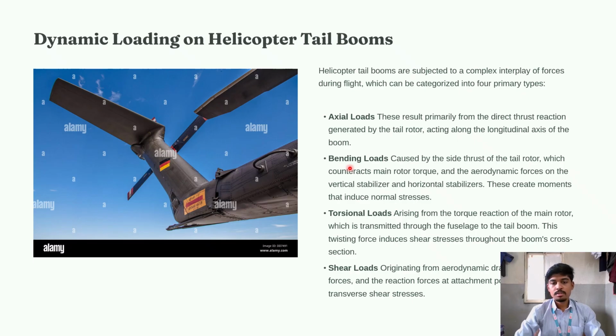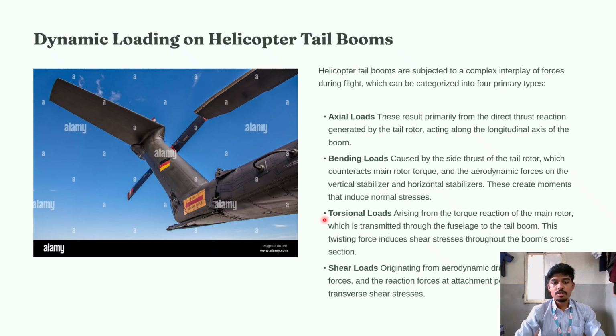Second, bending loads. These are caused by the side thrust of the tail rotor, which counteracts the main rotor's torque, and the aerodynamic forces on the vertical stabilizer and horizontal stabilizer create moments that induce normal stress.